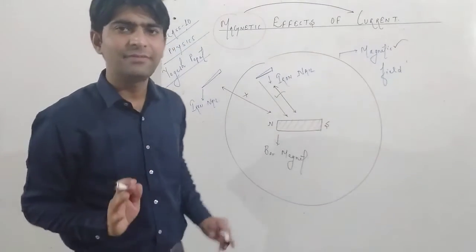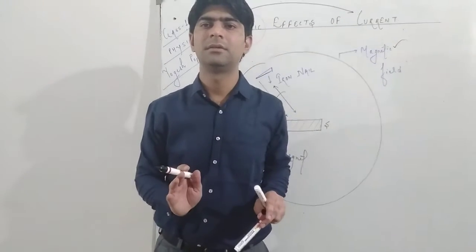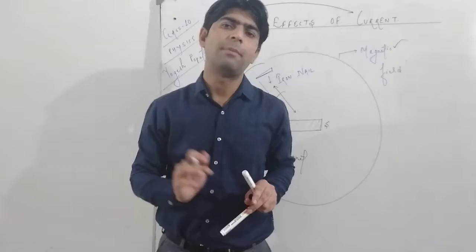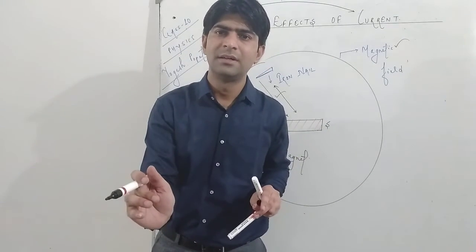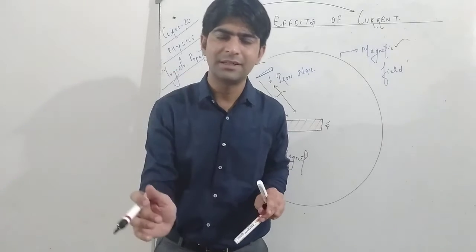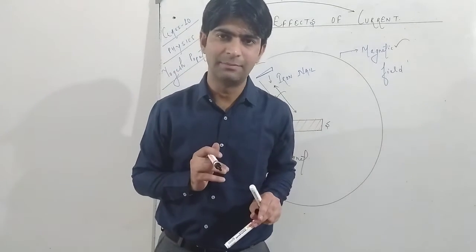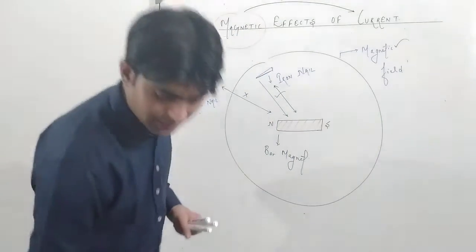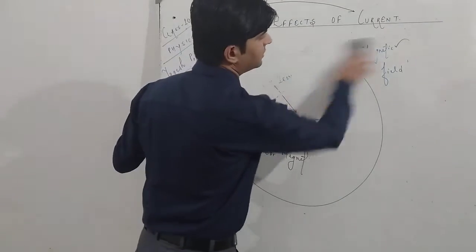A magnetic field is a region around any magnetic body, here we have considered initially a bar magnet, up to which it has its magnetic effect. That means up to that particular specific area, it will be able to attract the magnetic materials.